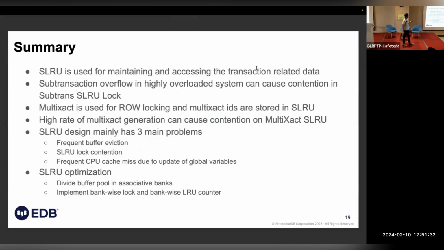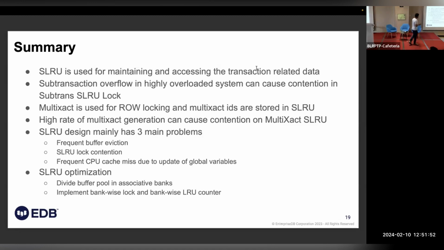So this is the summary of our talk. We have seen the subtransaction overflow problem and the multi-xact problem when using row locking, and a high rate of multi-xact generation causes contention on the multi-xact SLRU.